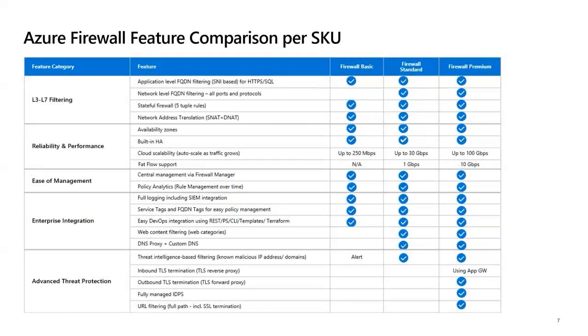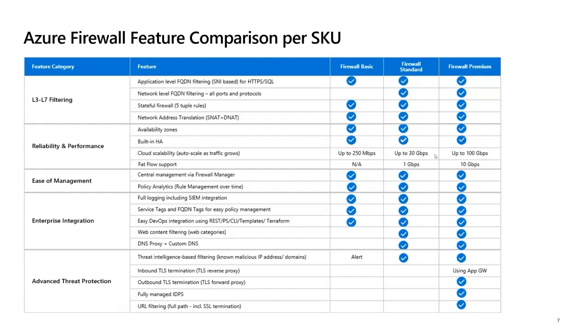In terms of the actual features that each of these SKUs has, we can see them listed here in this feature comparison table. We can see similarities across these three SKUs for the first three feature categories: L3 to L7 filtering, reliability and performance, and ease of management.